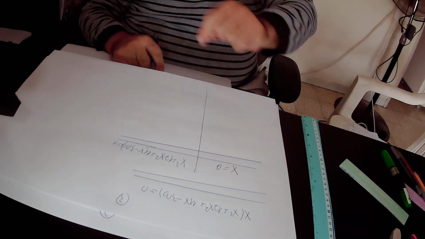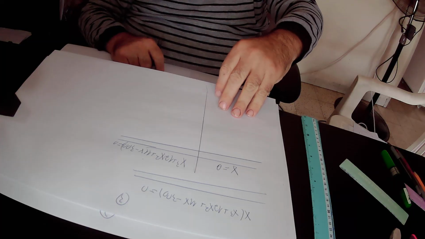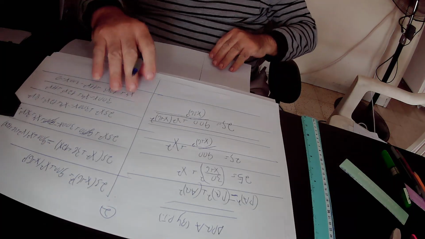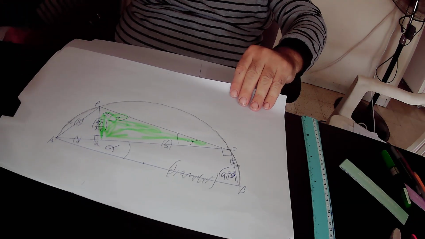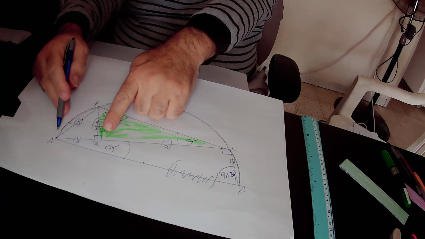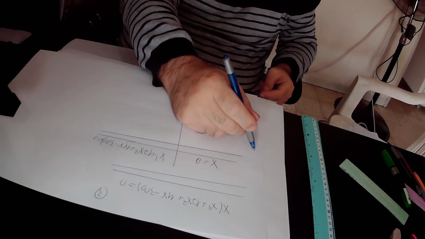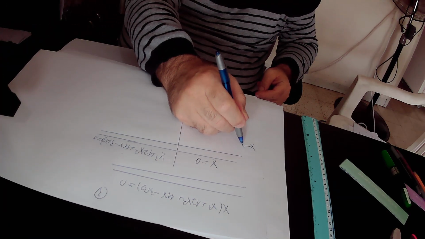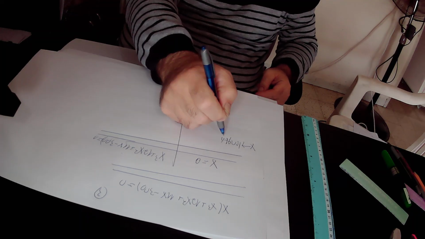What about the first solution for x? x equals 0. Actually, x can never be equal to 0 because of the fact that x is the length from right side AQ. So x as a length must be a positive number.